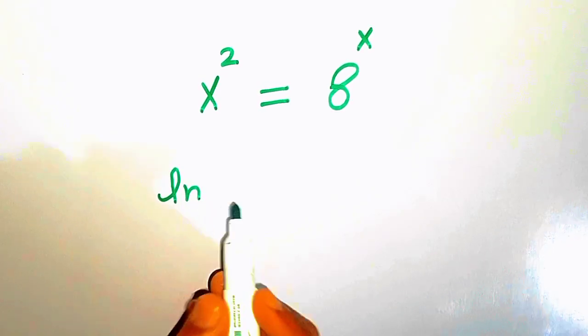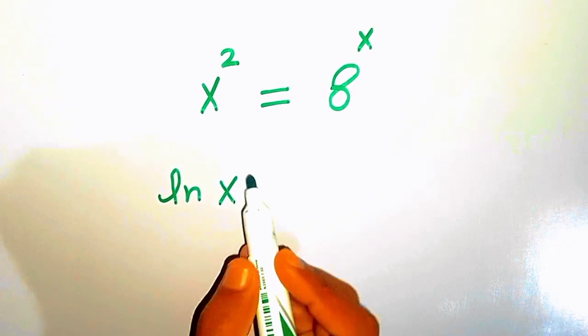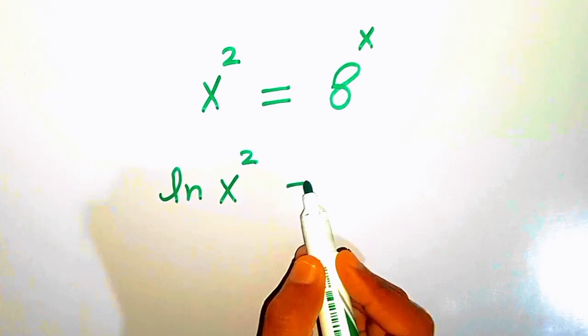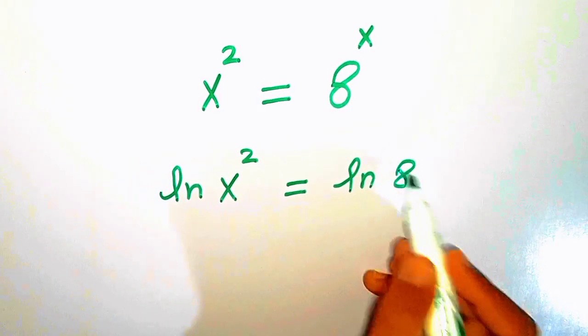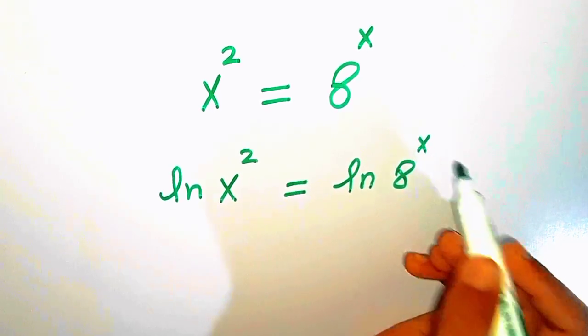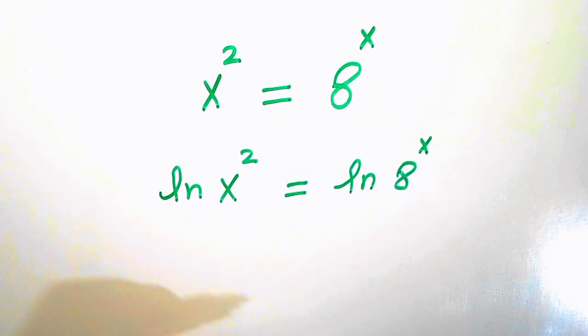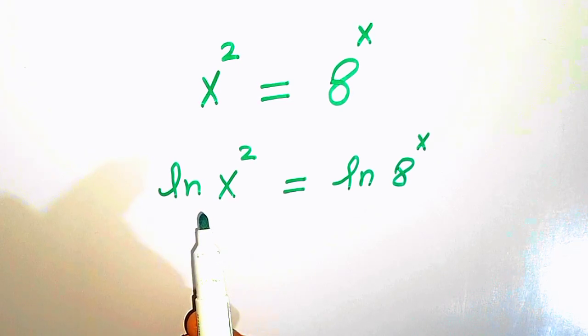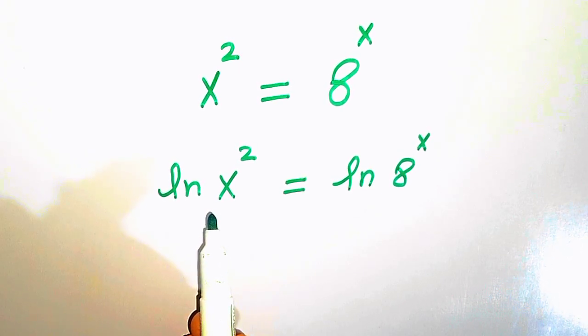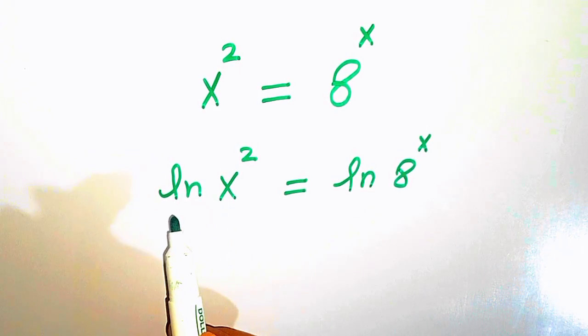If we take ln, we get ln x^2 = ln 8^x. Now we know that according to the natural log rules, the power comes to the start.